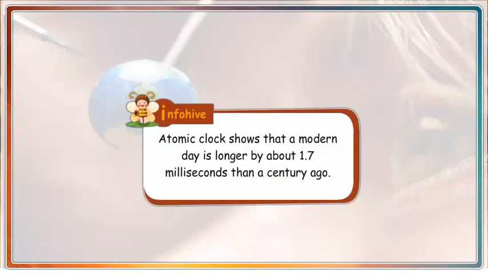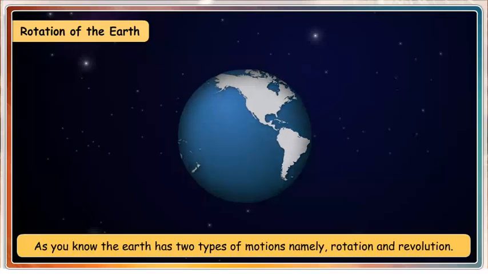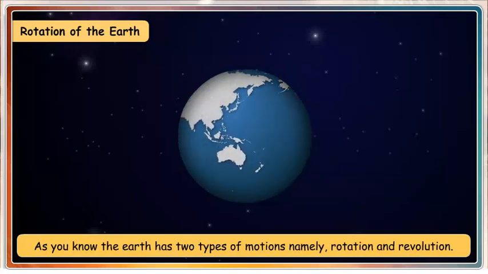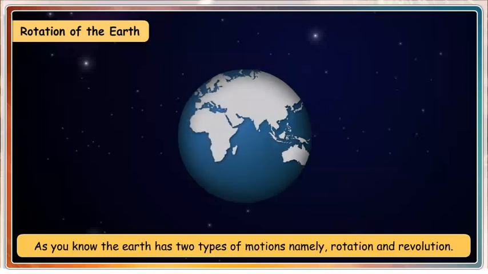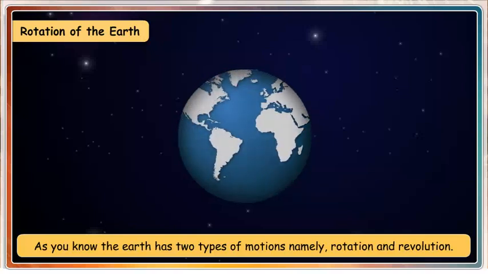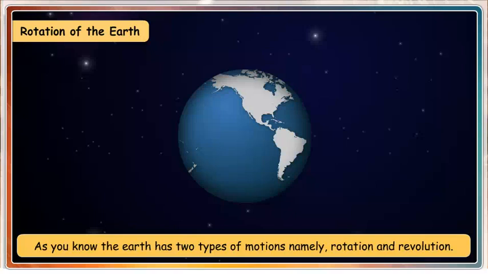InfoHive: An atomic clock shows that a modern day is longer by about 1.7 milliseconds than it was a century ago. Rotation of the Earth. As you know, the Earth has two types of motions, namely rotation and revolution.